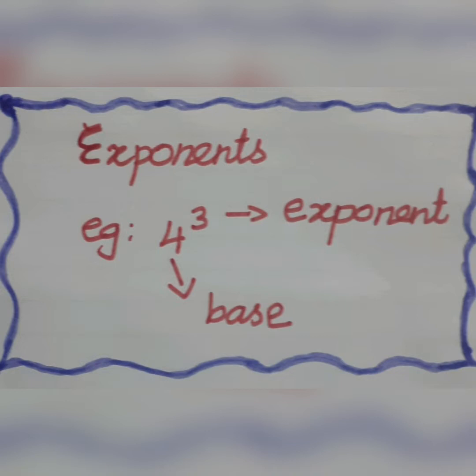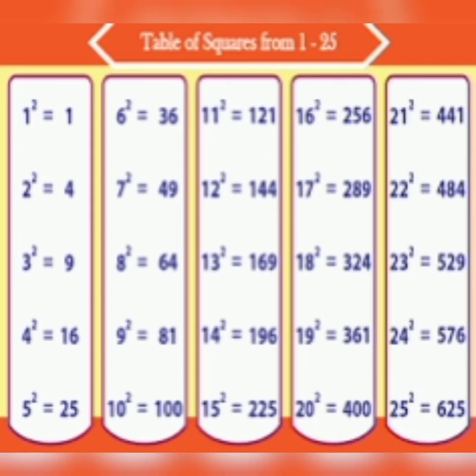Can you say some square numbers? 1 square equal to 1, 1 into 1. 2 square, 2 into 2, 4. Then 3 square, 3 3s are 9. Then 4 4s are 16. So 1, 4, 9, 16, 25, etc. These are the square numbers.